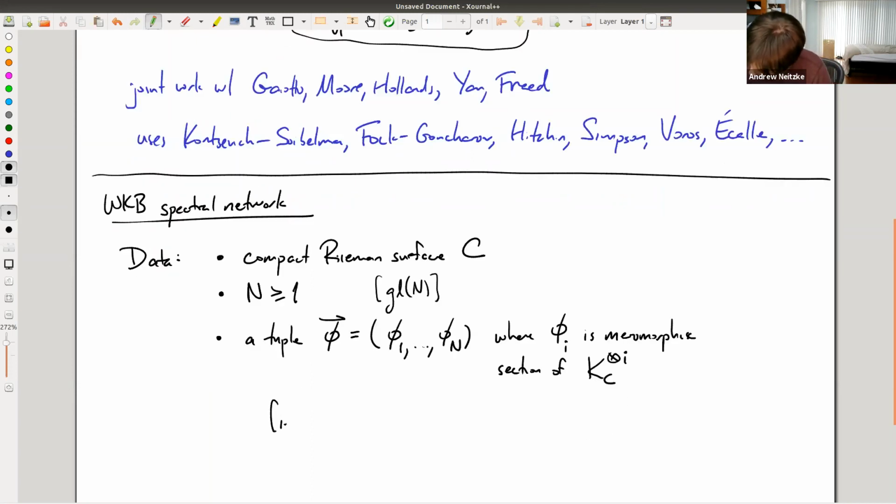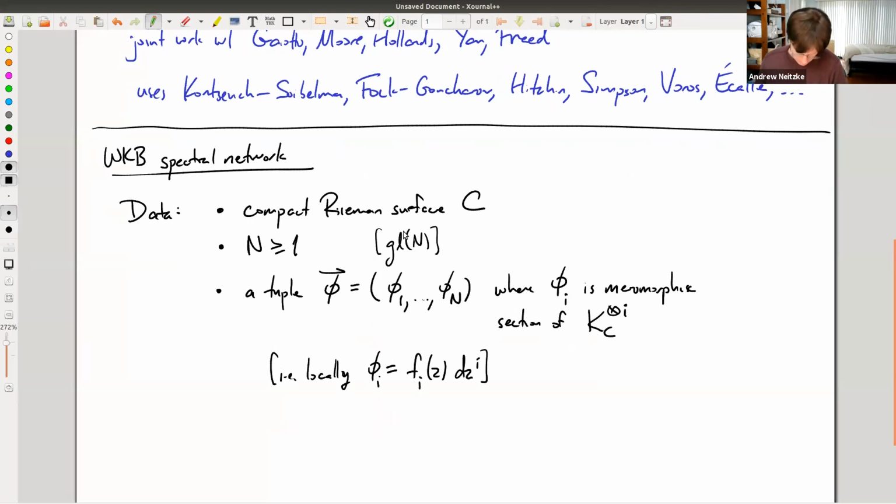In other words, in local coordinates, phi i would be written as some function f_i of z dz to the i. In other words, it's an abelian differential, a quadratic differential, a cubic differential, and so on up to an n differential. Each one being meromorphic.